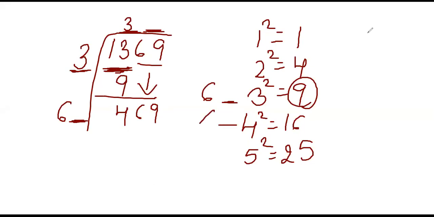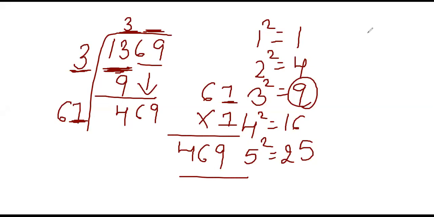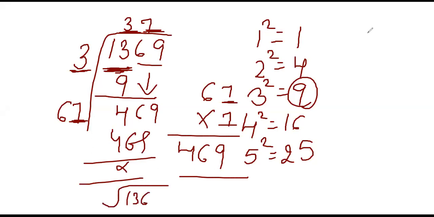This number and this number should be the same, and the multiplication should be 469. Either it can be 3 or it can be 7. Let's check on 7. 7 sevens are 49. 7 into 6 is 42, plus 4, 469. It's right. So we'll write down here 7. That means square root of 1369 is equal to 37.